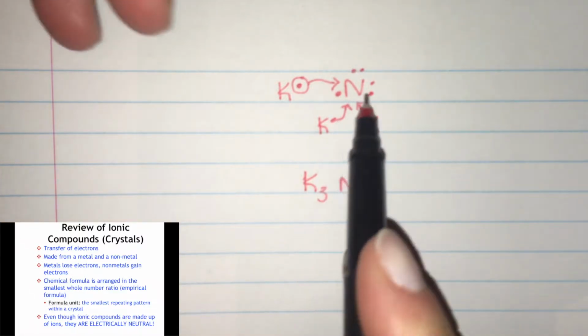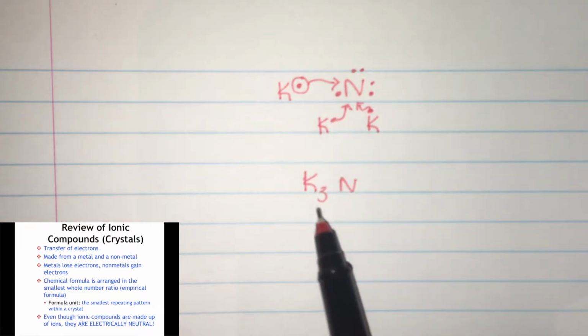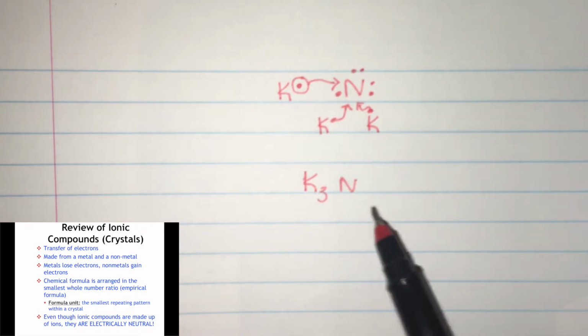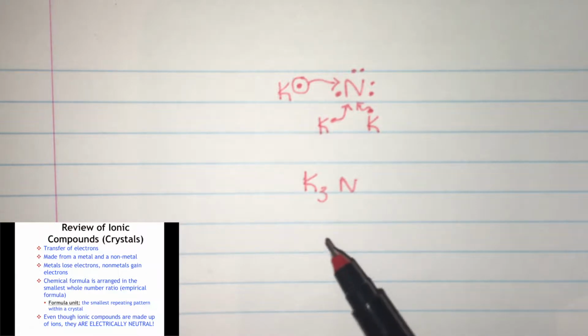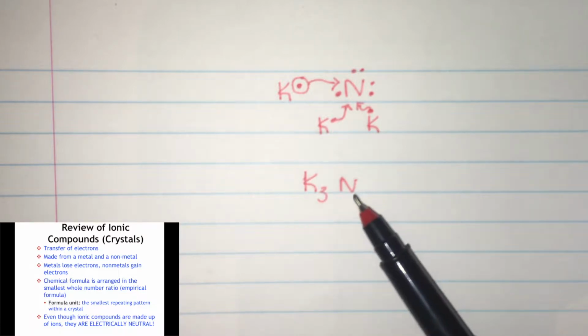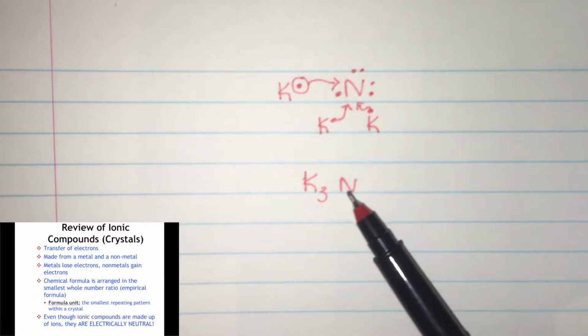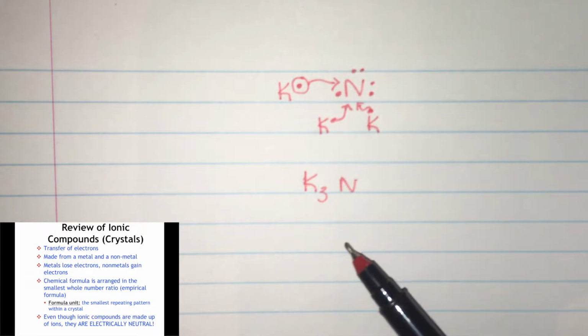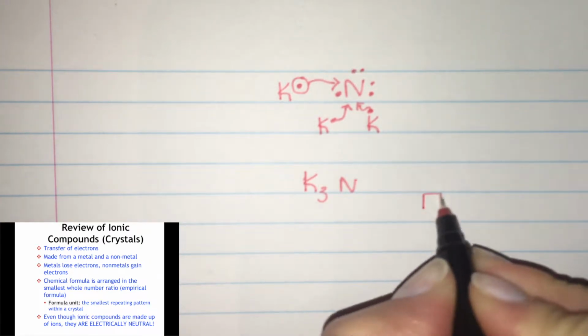And the chemical formula is arranged in the smallest whole number ratio. So if somehow you did this and you got K6N3, then you would need to reduce it. A formula unit would be this, K3N, instead of the K6N3, because the formula unit is just the smallest repeating pattern within that crystal. Remember those crystals?